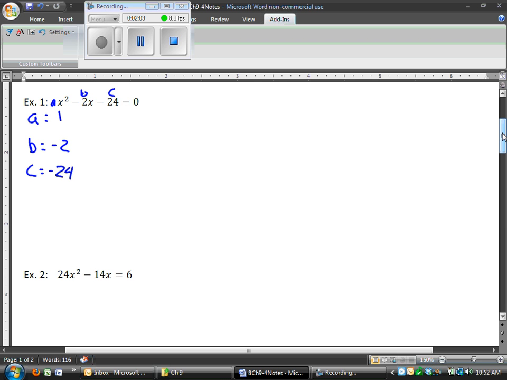I have the opposite of b, the negative of -2 is +2, plus or minus the square root of b squared, so -2 squared, minus 4 times a times c, all over 2a.